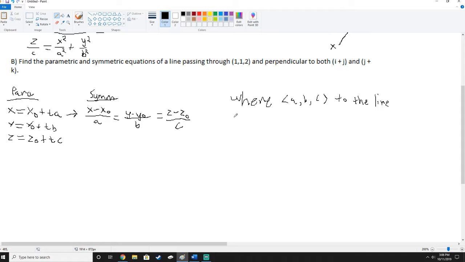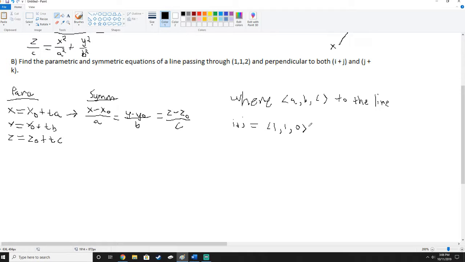Okay, well, i + j, the vector coordinates, can be written as 1 for i, which is the x coordinate, and 1 for j, which is the y coordinate. And since there's no k, we write 0 for the k coordinate.